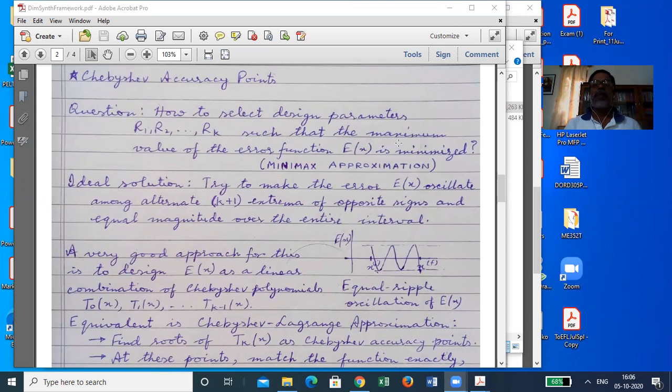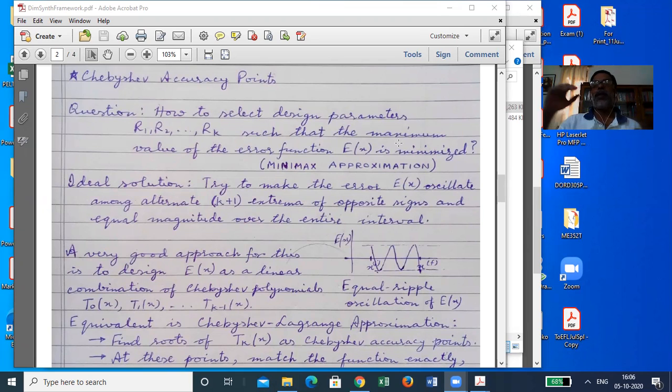To match the function to the requirement precisely at some point and very badly at some other point will be very bad, right? So you would like an approximation which matches the requirement in such a manner that the maximum deviation over the domain is minimized.